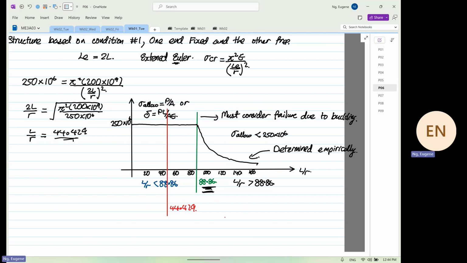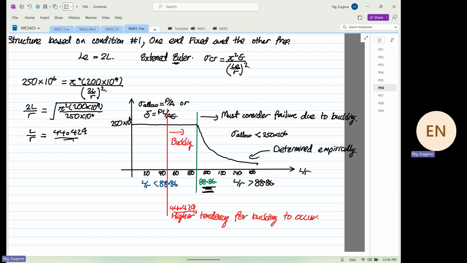Okay, so it has a higher tendency for buckling to occur, right? Because if L over R is lower, you have to consider buckling analysis at 44.429, whereas the other one is 88.86.